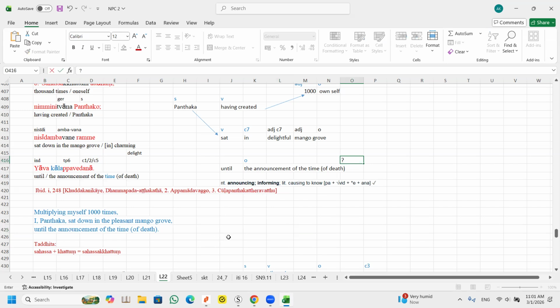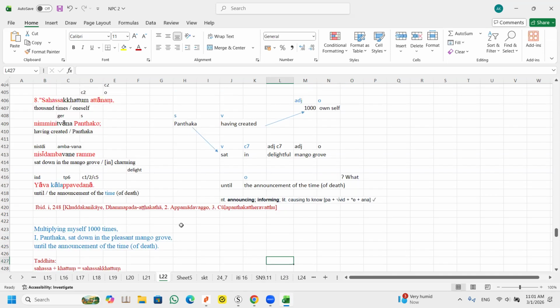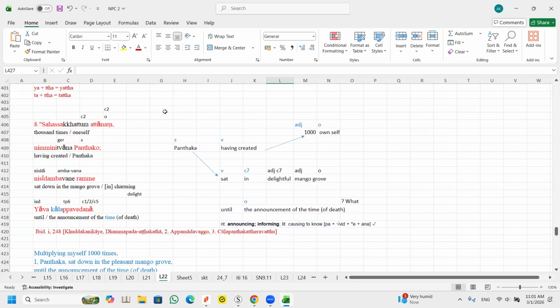So this slide will never tell you that it is an announcement of time for what, of what. Nobody knows of what. So this is the real difficult part. You have already seen two or three difficult parts in translation. Okay. So in simple translation, in this particular case, you probably will get right up to 80 to 90%.